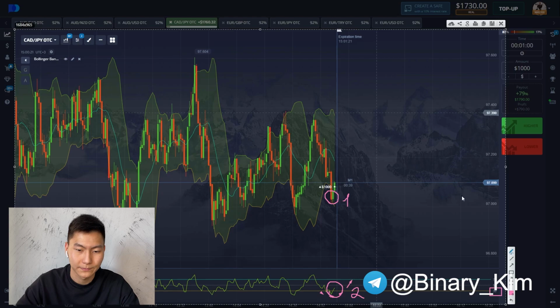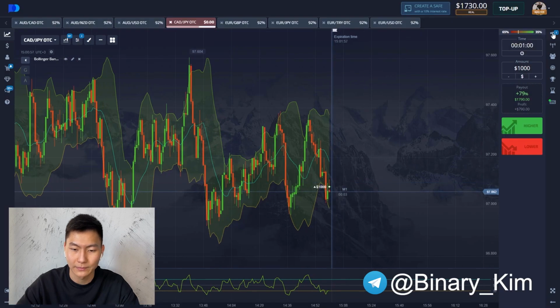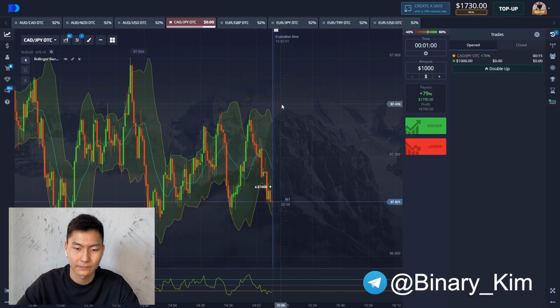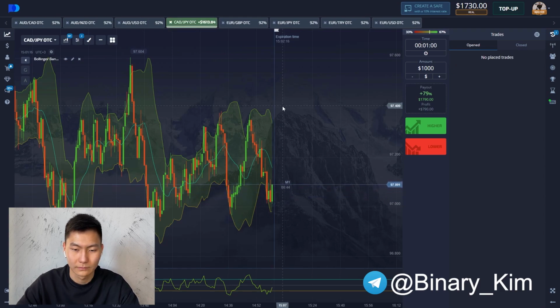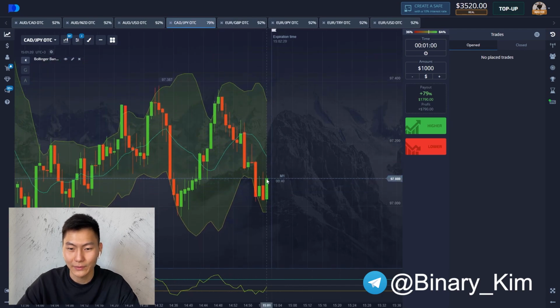So we've noticed the signals. Let's wait for the outcome. As you see, guys, the breakout has happened at the end, and the position is in profit.